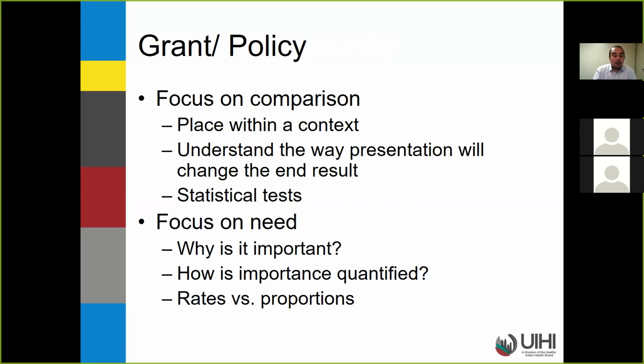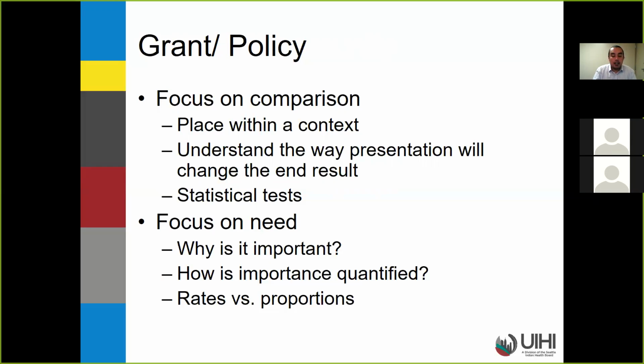This may be in understanding the way that presenting a rate might change if you decide to change it to a proportion, and so on and so forth. So really being able to plan for the back end to understand what's going to put you where you need to be.